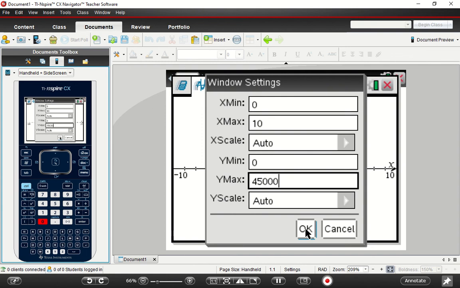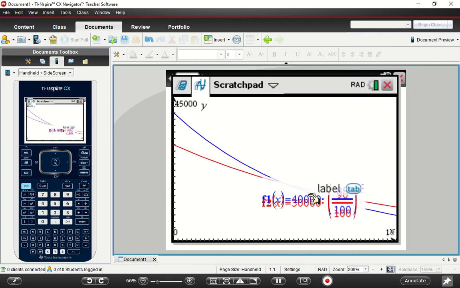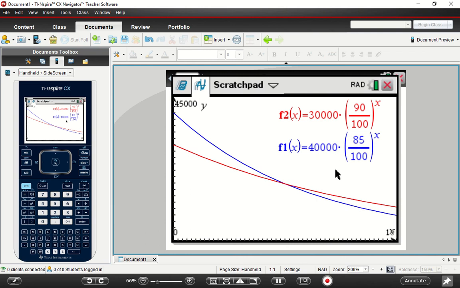And let's hit OK. Look at that. There you go. So, according to the graph, the blue one is worth more, isn't it?